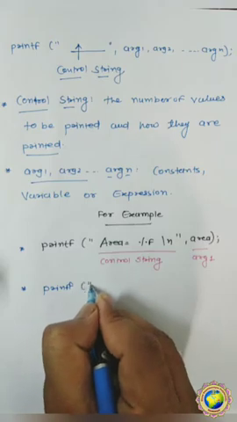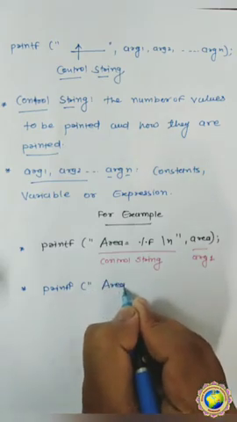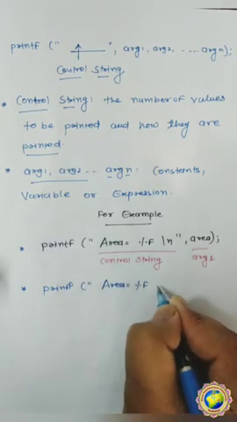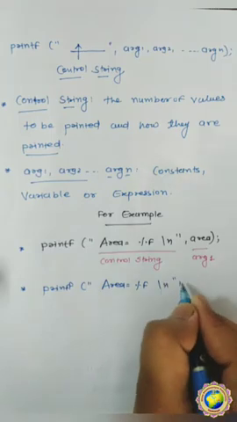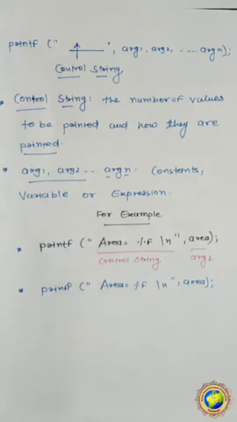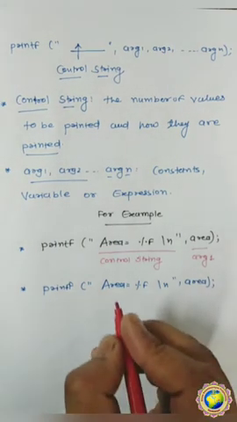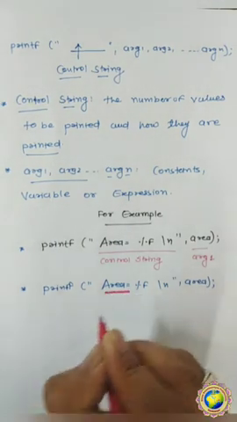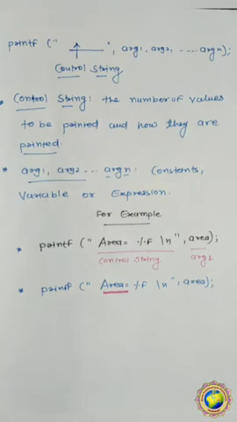printf("area is equal to %f\n", area). Okay, so here let's differentiate the other parts.